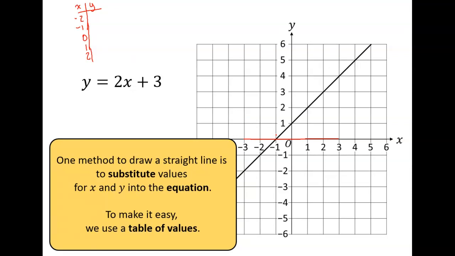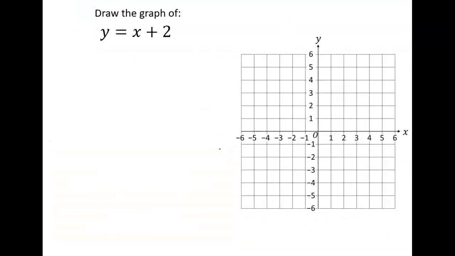So you could put this as like 5, 10, 15, 20. But typically, if you pick those higher values, it's harder to calculate, and you'll see in a bit how we actually calculate our y values. So we typically just try to keep smaller numbers if possible, and we'll look at one more method in a minute here. So first example, draw the graph of y equals x plus 2.